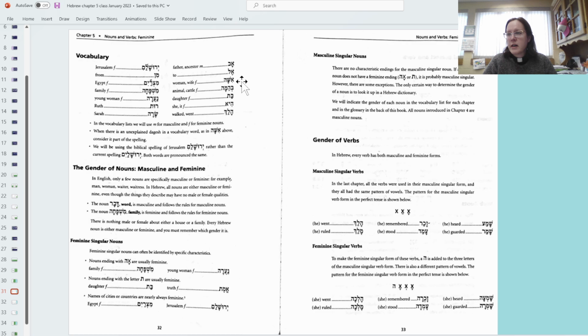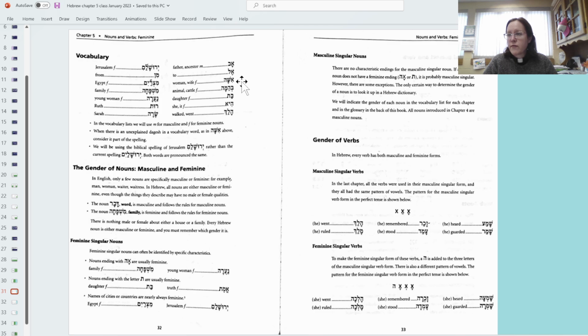So the noun Davar, word, is masculine and follows the rules of masculine nouns. And then the noun mishpacha, family, is feminine and follows the rules for feminine nouns. So you just have to remember that.